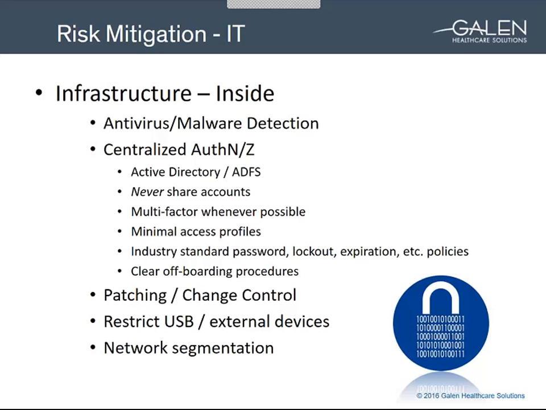Not in all cases, some groups were better than others, but it was pretty common to have some network at a third-party vendor access to the internal network of a healthcare organization. Something like that is the opposite of what should happen. It should be as restricted as possible, as segmented as possible within reason. You don't want to make it too difficult for your employees to get their jobs done, but you also don't want to run the risk of having something bleed off into other areas of your network if you can prevent it.